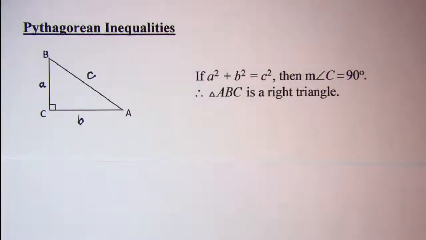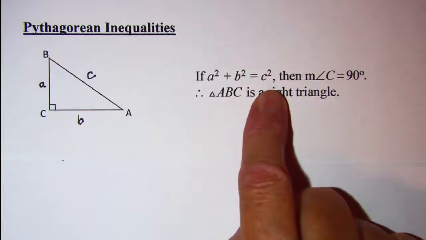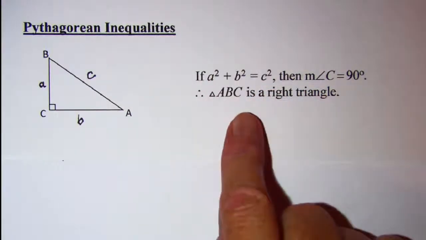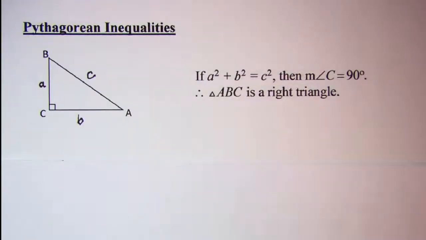Now the Pythagorean inequalities, the first one states that if a squared plus b squared equals c squared, then the measure of angle C is 90 degrees and triangle ABC is a right triangle.